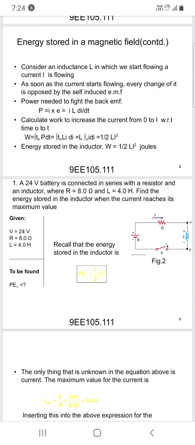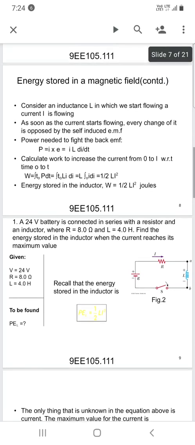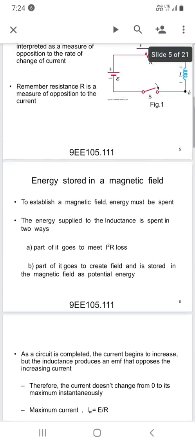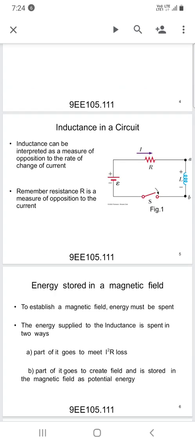Here we have to observe this electrical circuit. Let me explain briefly how the energy is stored in the magnetic field when the switch of this electrical circuit is closed.